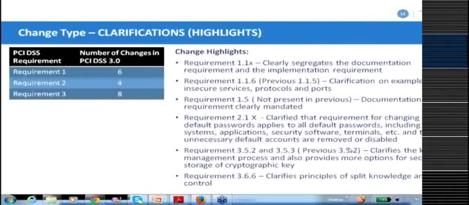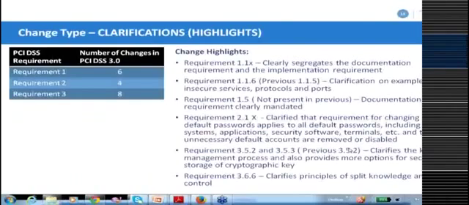In the newer version 3.0, requirement 12 in terms of policies and procedures has been spread across all the 12 requirements of the standard. Essentially, this is trying to bring in the importance of policies and procedures for each of the requirements, so that there is no slippage, and the PCI DSS framework itself in an organization becomes a little more stronger.